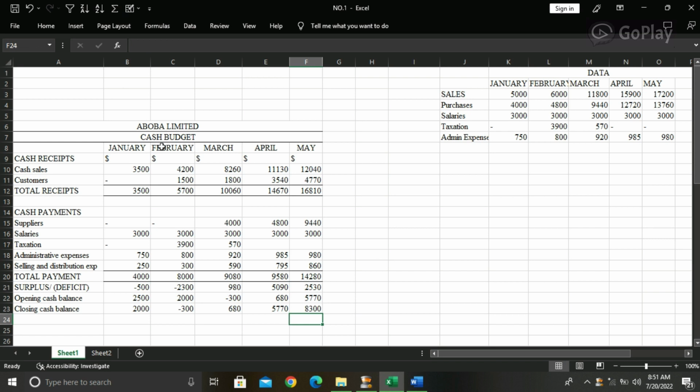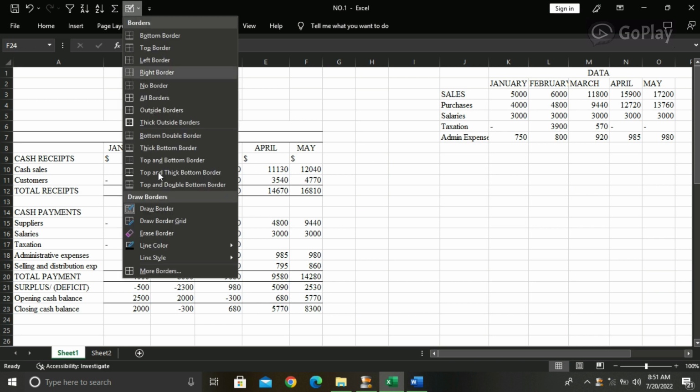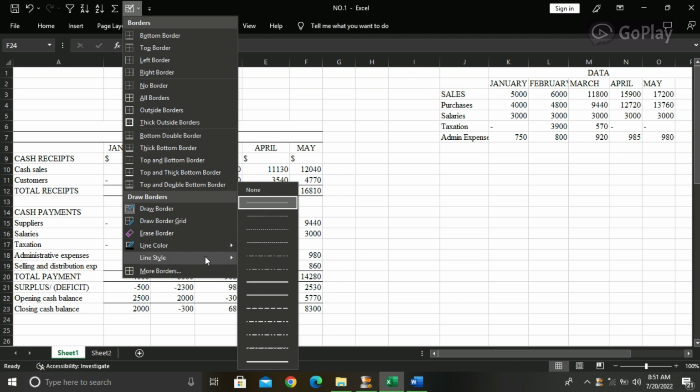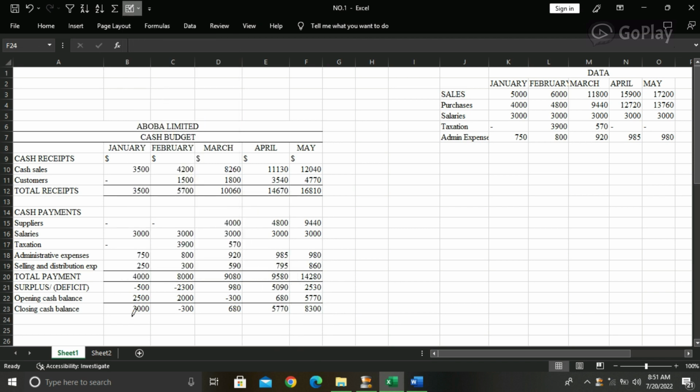So by this, we are done with our cash budget with regard to this particular question. The only thing left is to underline it. Let me look for the double underline to roll over the final answer. So this is our cash budget. We are done with the cash budget.